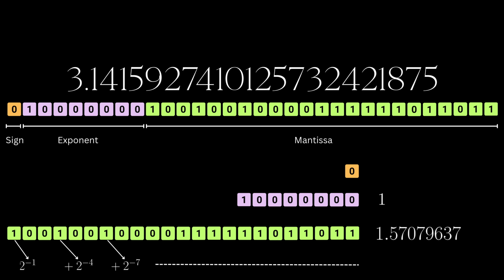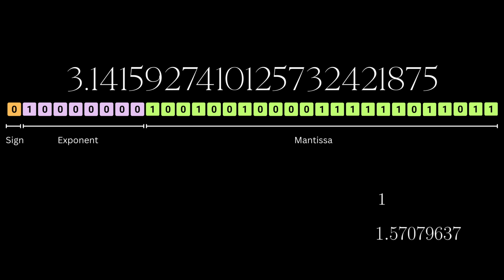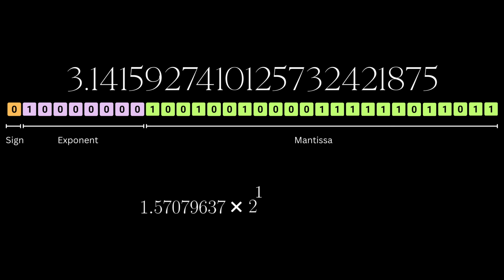This leading one is always implicit, and since it's always going to be there, we never actually store it, allowing us one extra bit for representing the fractional part of the number. So our float 32 number becomes 1.57 something something times 2 raised to the power of 1, which is very close to the value of pi.